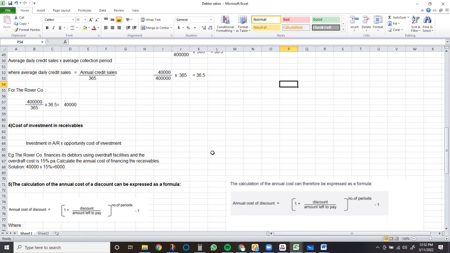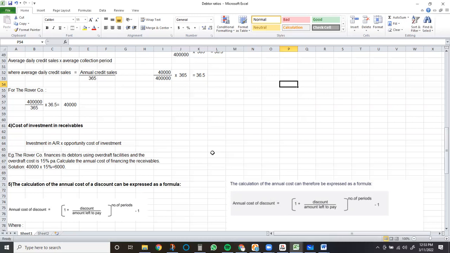It means that the higher the investment in receivables on the balance sheet, the higher would be the cost of financing those receivables, because the company, if it's using its trade creditors alone, then that's fine, there's no cost there. But the company may have no choice but to also resort to some other form of borrowing or using its overdraft.